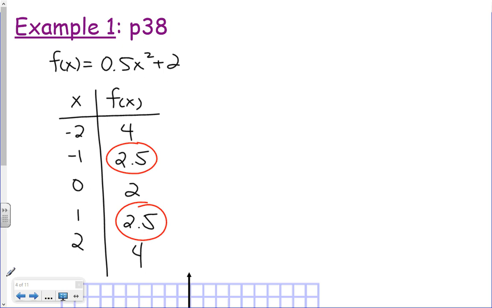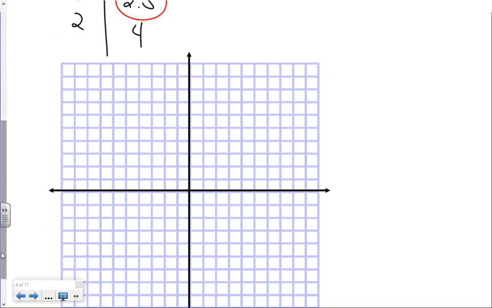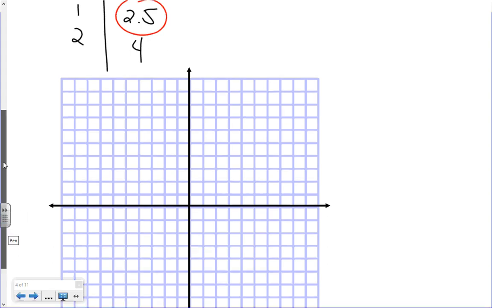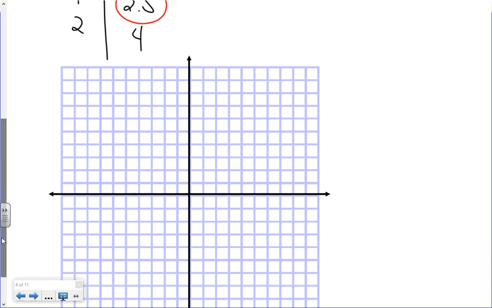All right. Part B says to plot the 5 points in part A on graph paper. So we'll do that. I got a piece of graph paper here. You might do the same thing on graph paper, or just draw yourself a sketch there to give yourself a decent window to work with. So -2, 4 is our first point.